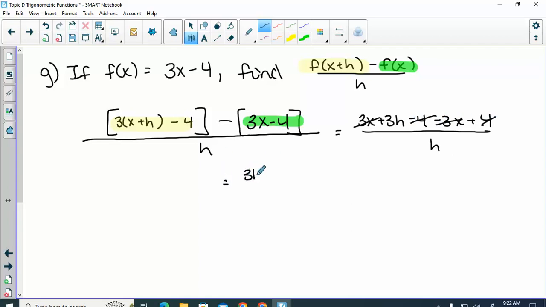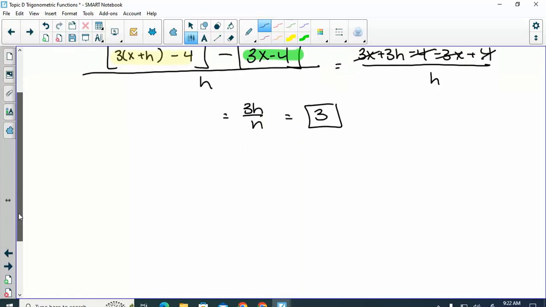So we get 3h divided by h, which is 3. One last thing we did in that topic was domain.